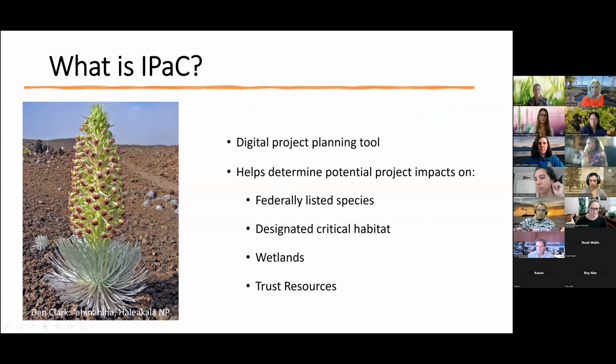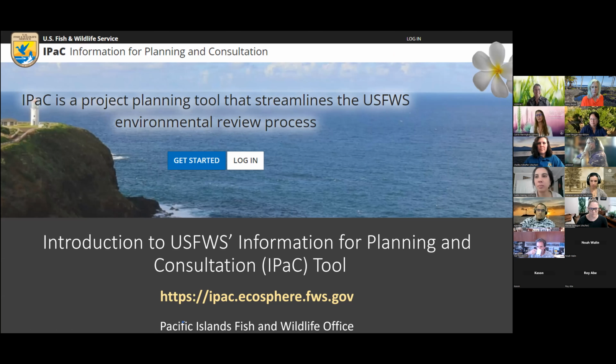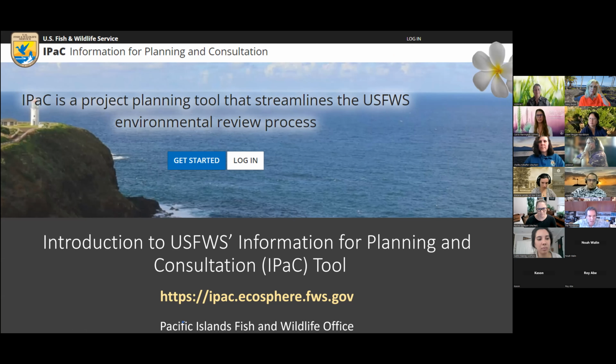It's finicky. Okay. So, well, thank you all for coming today. Today's presentation is on the U.S. Fish and Wildlife Service's Information for Planning and Consultation online tool, which from here on out will be referred to as IPAC, and it has four main components.